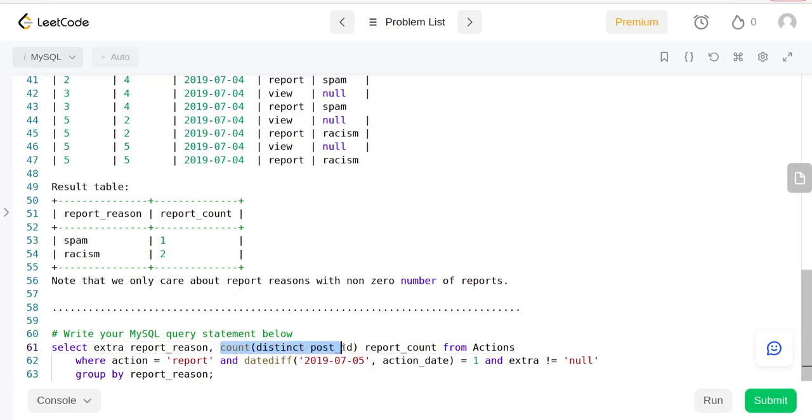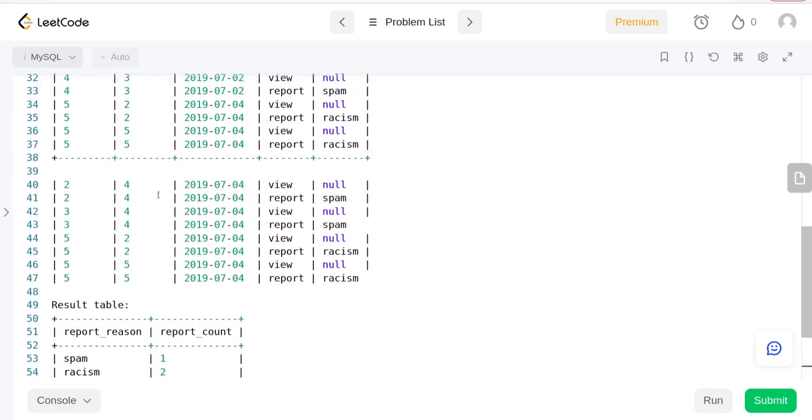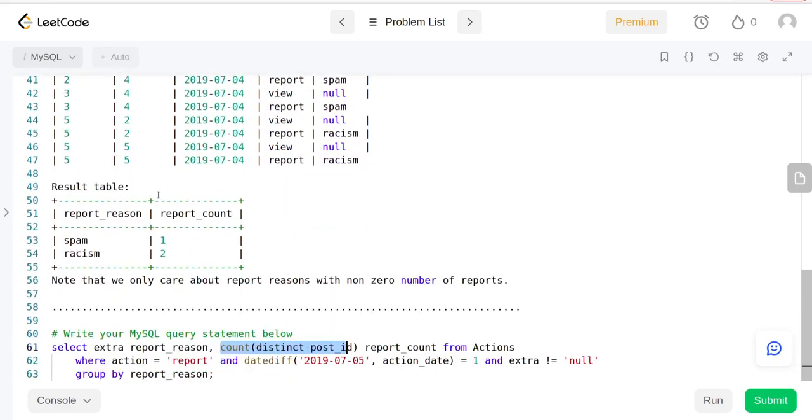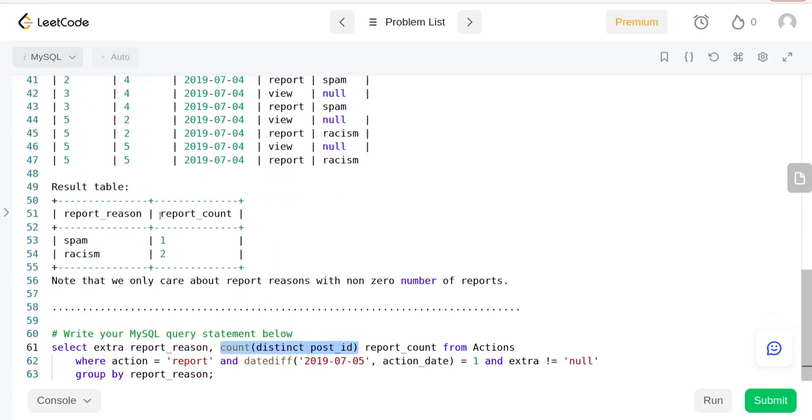Then we have a count of distinct post IDs. So the post IDs are what? Oh yes, that is basically the problem here. We need to count the distinct post IDs. If this post ID is the same, we're not going to be counting it again. That is in the requirement.